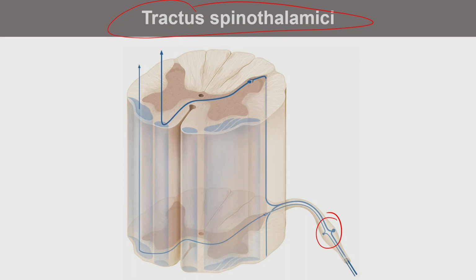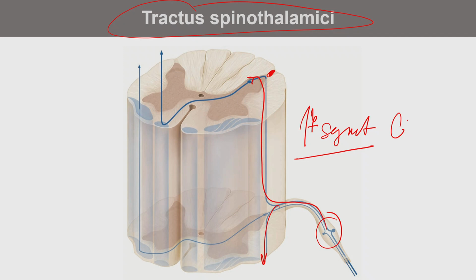And then it's important that we have different ways of relay. This is the Lissauer tract, we know it. One is distributed, the signal, in several, up to 17 segments. And this is for crude touch.